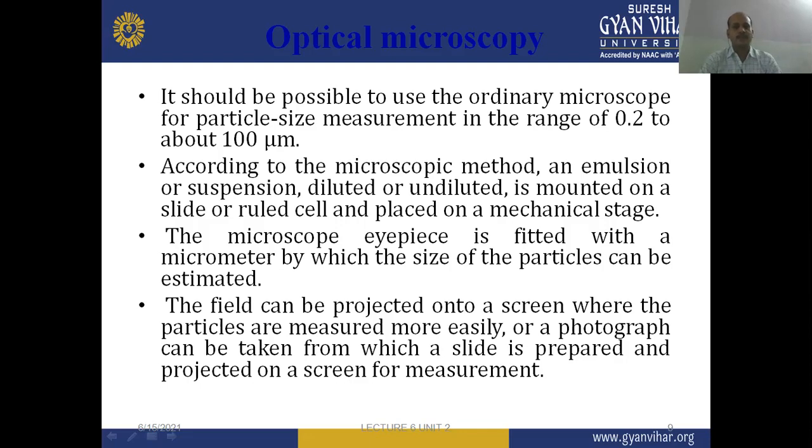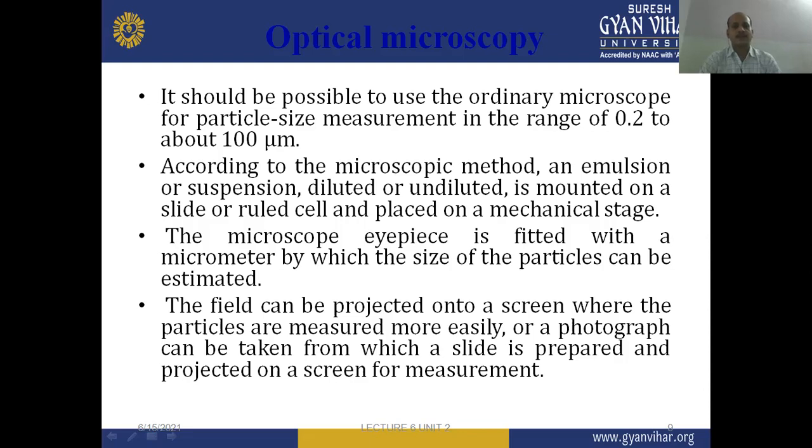The field can be projected onto a screen where the particles are measured more easily, or a photograph can be taken from which a slide is prepared and projected on a screen for measurement. So this is the advancement and facility available with recent optical microscopy.